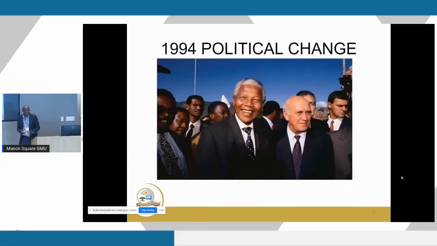Then in 1994, we had a big political change, a movement away from white minority rule to black majority rule. De Klerk was our last white president for that era. And actually, the way our politics is going, there's a possibility that we may end up with a white president at some stage somewhere. Nelson Mandela was our very first president.